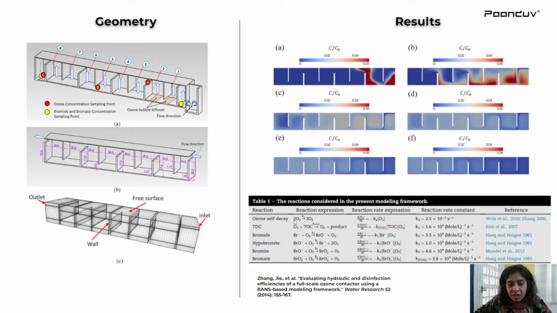Ozone self decay is one process, which is the primary step. And then ozone reacts with organic content, ozone reacts with the bromide, hypobromite, bromite and bromate species, and what are the associated reaction kinetics to that. If you impose this on the system it becomes more complex, but you can gather more information through the modeling practice.